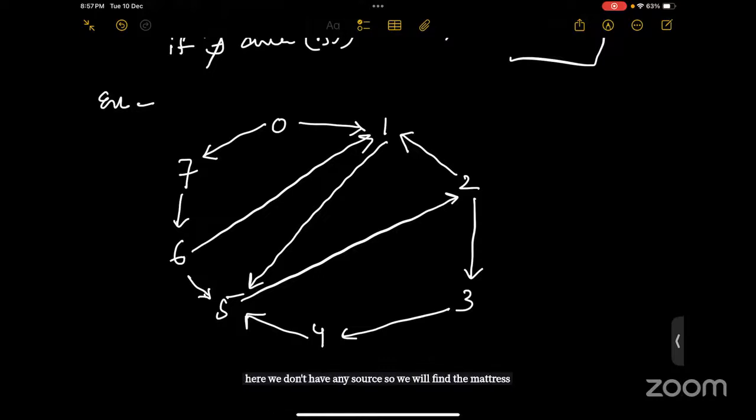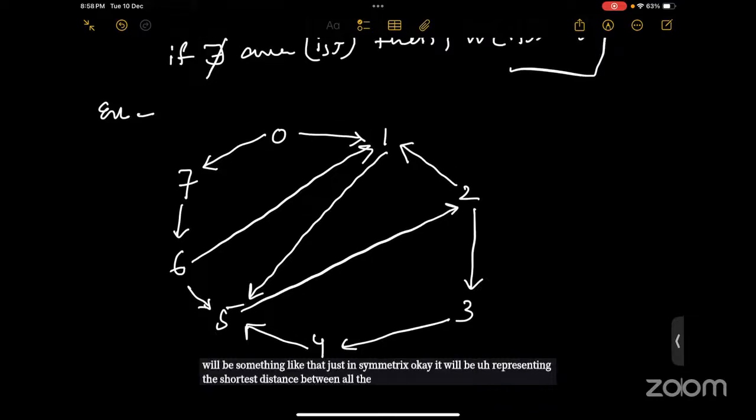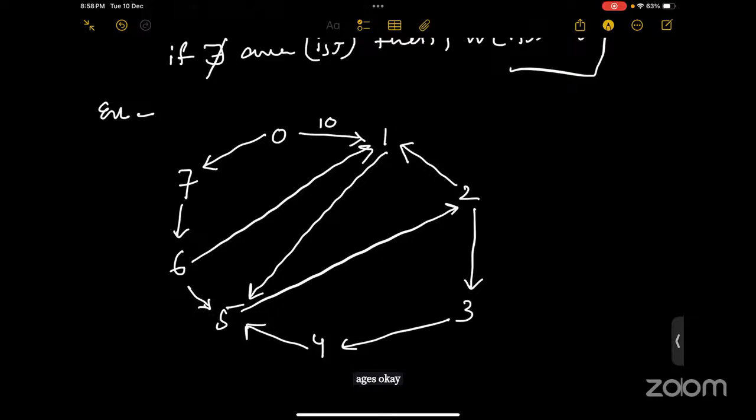It will be something like the adjacency matrix, representing the shortest distance between all the vertices. Okay, so this is our graph.